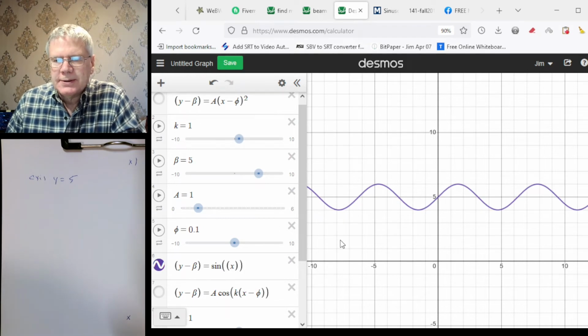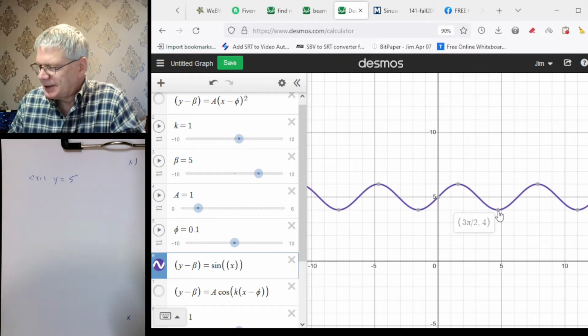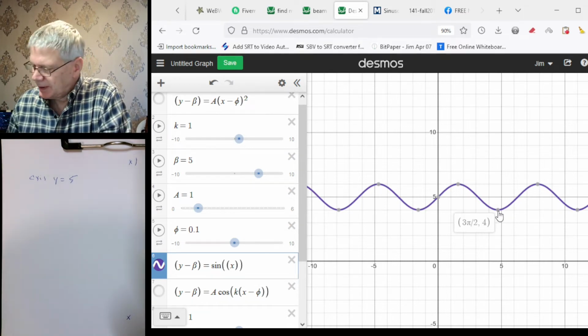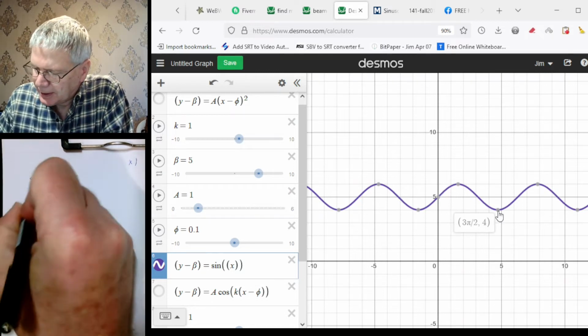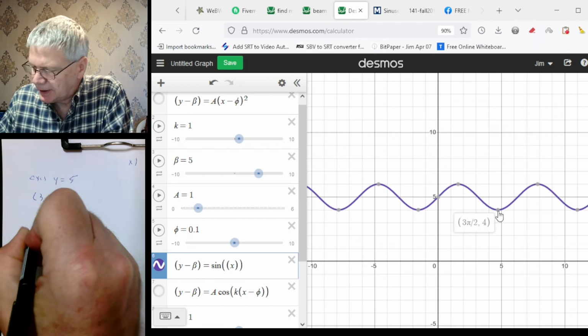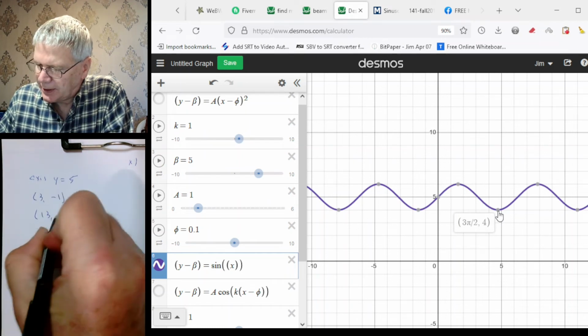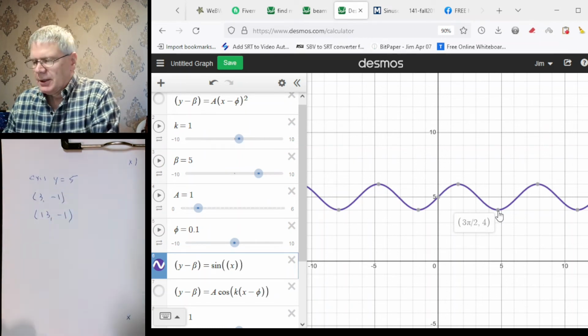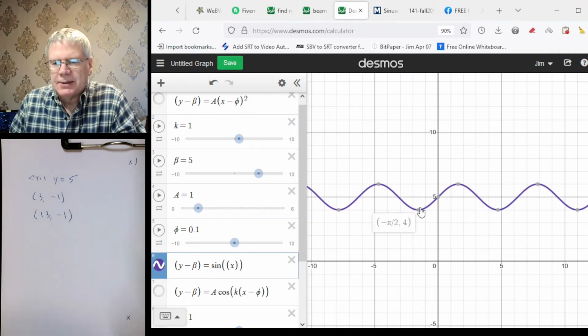And so the next thing is that the minimums are at 3 and minus 1 and 13 and minus 1. So the bottom of this needs to be at minus 1, and right now it's at 4.